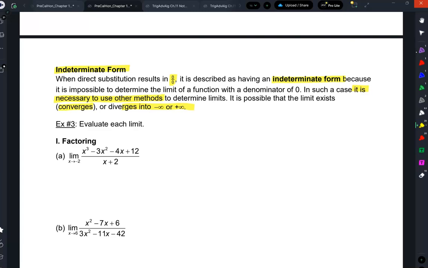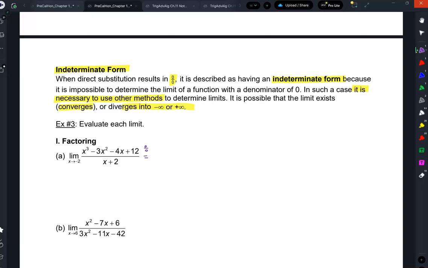So let's take a look here. When you put negative 2 into this function, you definitely get 0 in the bottom, but you also get 0 in the numerator. So this is going to be 0 over 0. Okay, so we're not going to give up on this yet. What we're going to do is try to factor.